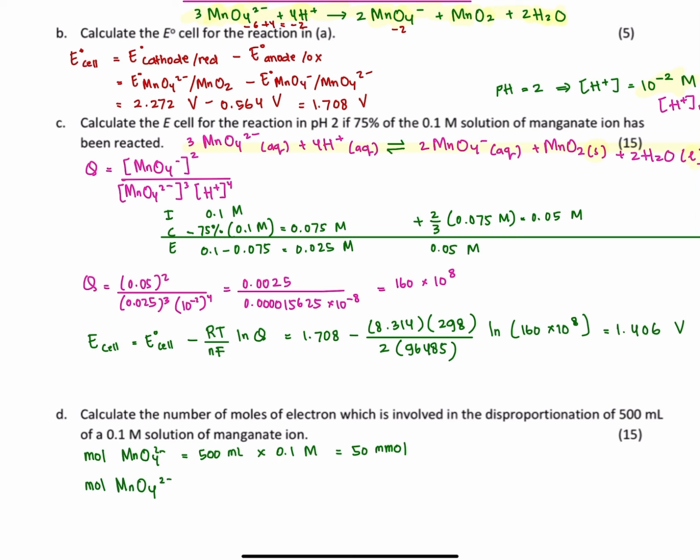And then if we compare with the moles of electrons, we know that we have 3 based on the balanced chemical equation, and then we have 2 moles involved. So in that case, the moles of electrons should be 2/3 times 50 millimole. So we have around 33 millimole. Okay, so this is the mole, or we can change it to moles.